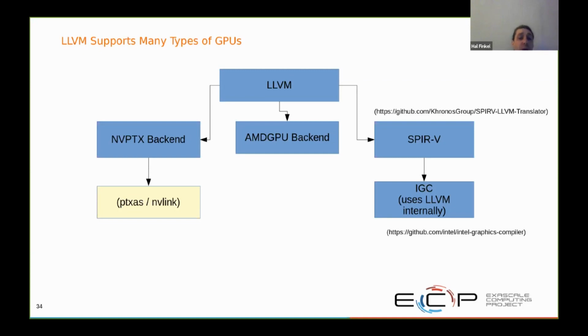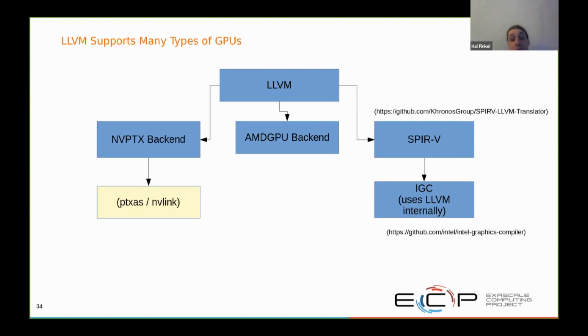But LLVM also has backends for the AMD GPUs that directly produce machine code for those GPUs, and that's used by AMD's HIP programming model and OpenMP support and other things in order to target their GPUs.